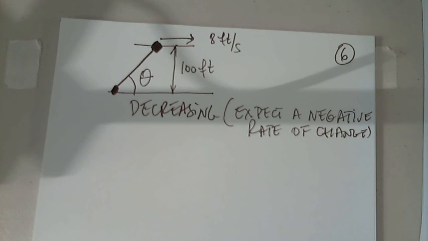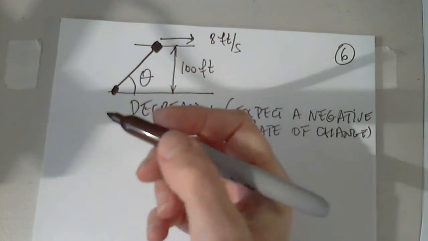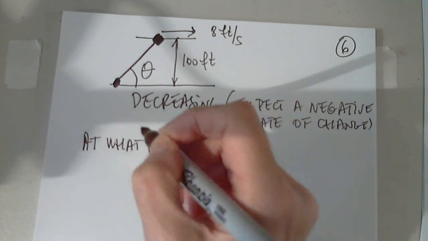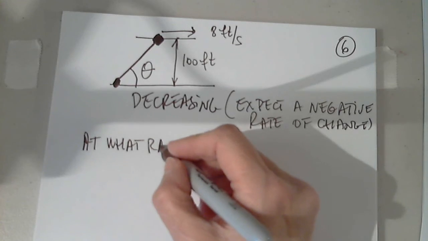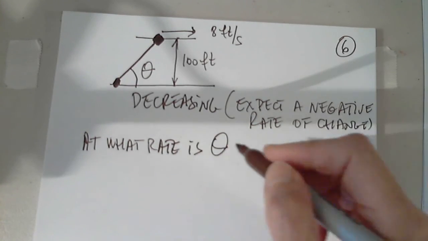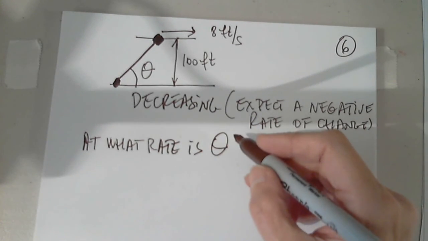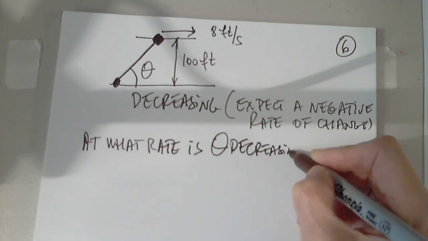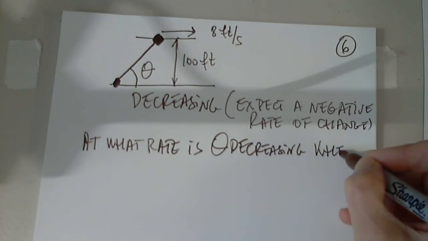So I'm going to write the question. At what rate is theta decreasing when 200 feet of string has been let out.